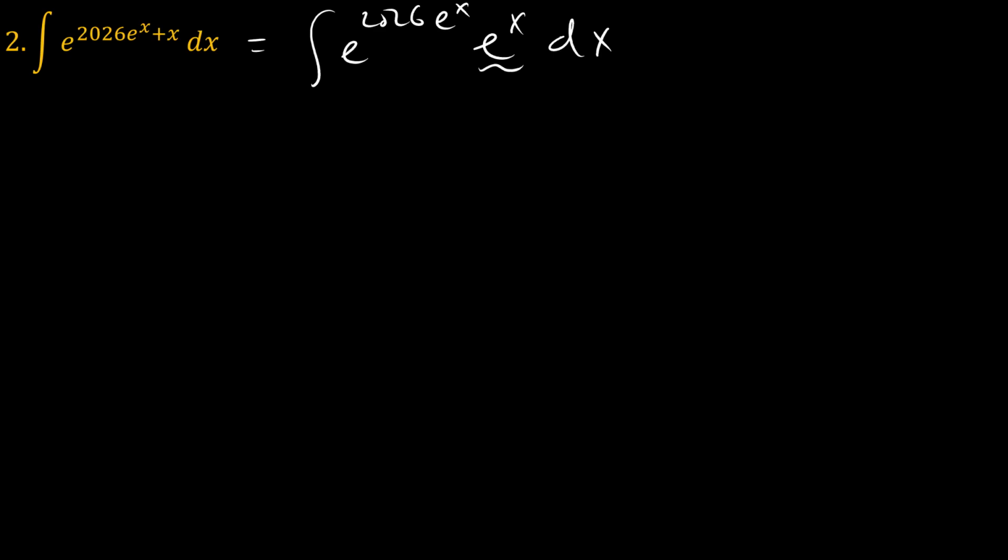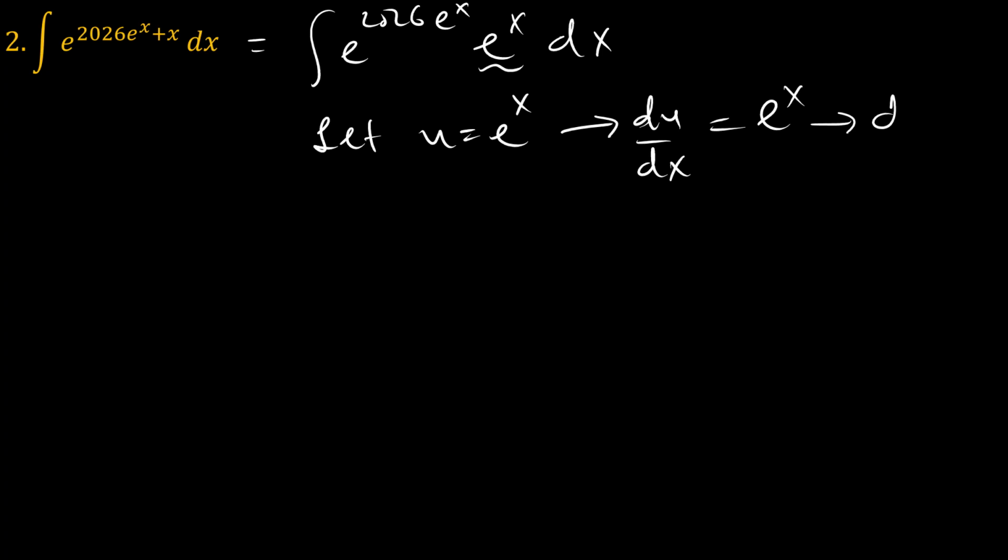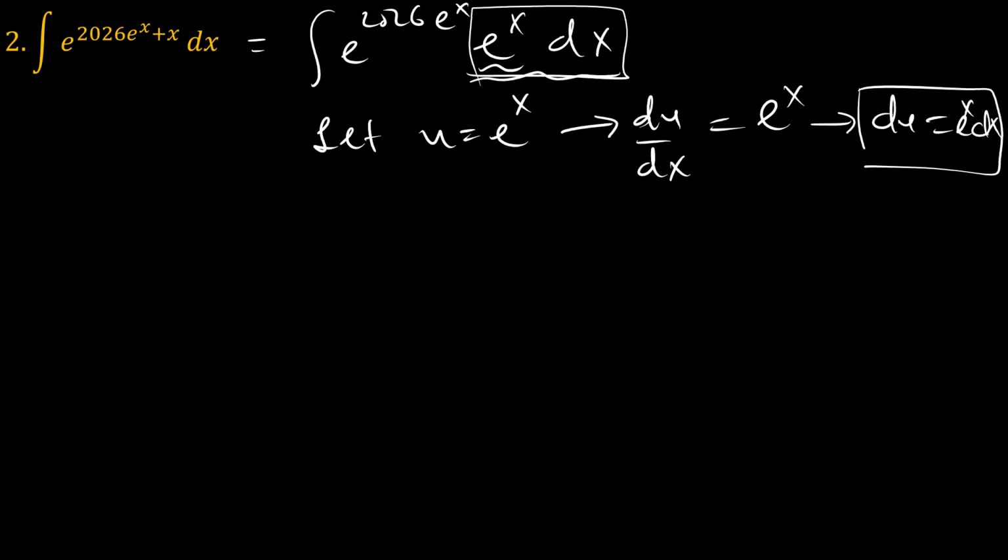We can now say let u be e to the x, such that du/dx is equal to e to the power x, and so you can substitute e to the x dx with du. So the problem becomes e to the power 2026 u du.